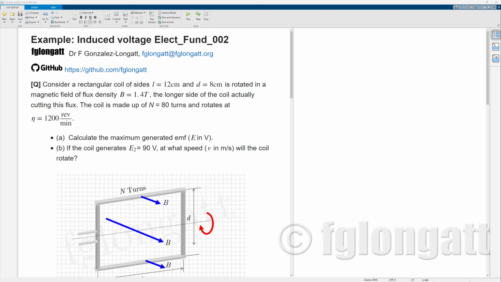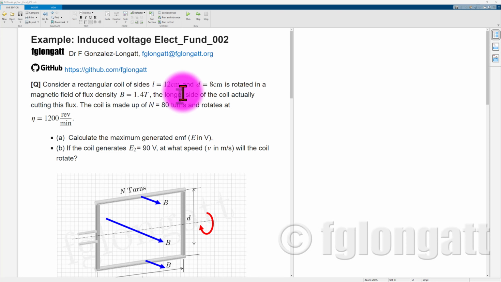Let's start here reading this statement. Consider a rectangular coil of sides 12 centimeters and 8 centimeters that is rotated in a magnetic flux density of 1.4 Tesla.